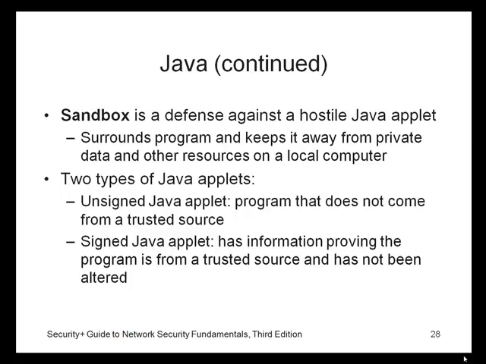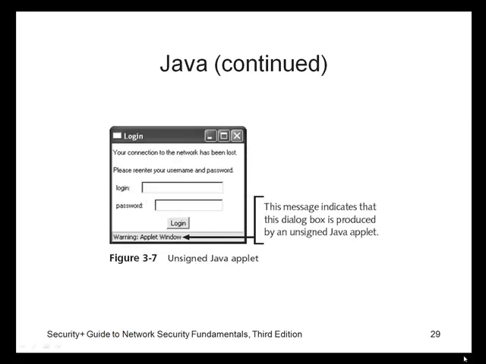Unsigned and signed applets, and these again are configuration changes that you can make in your browser. Do you want to allow unsigned applets or signed applets or any applets? Your choice. Yes, yes, no, ask me kind of questions. This is one that is kind of interesting. The window that pops up looks really authentic, doesn't it?